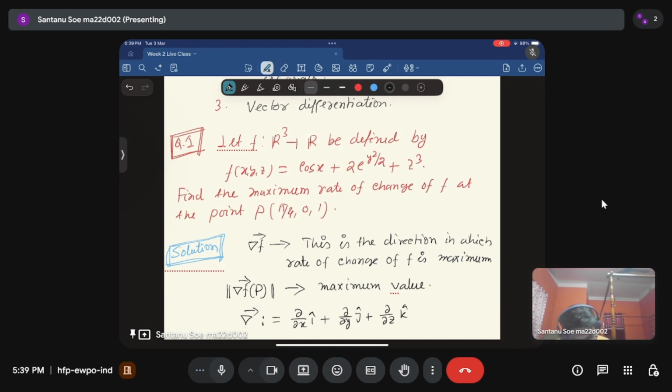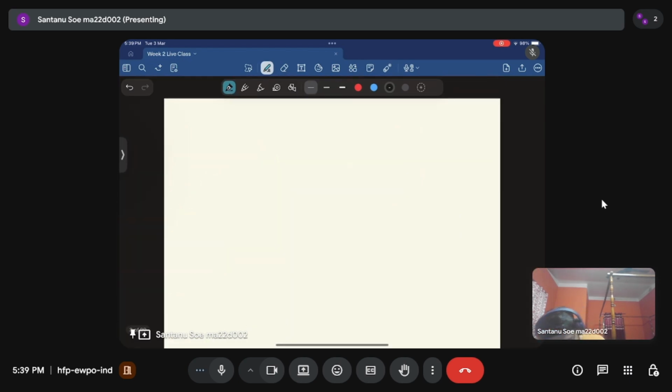Then gradient of f is going to be del f del x i cap plus del f del y j cap plus del f del z k cap. So now we have to just find the partial derivative of f with respect to x, y, and z. Then we are done. Correct.